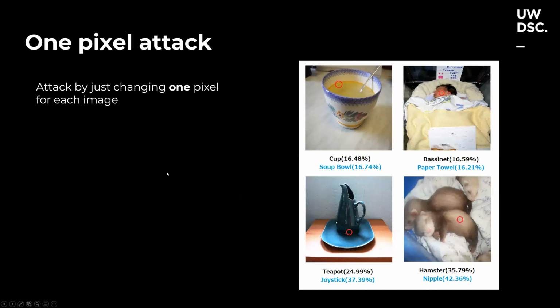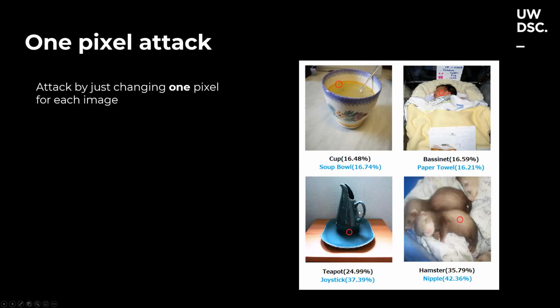So here are some other attack techniques. For previous attacking methods, we basically generate a totally different noise map for each image and apply it to the original image in order to facilitate a very successful attack. For this method, it only uses one pixel to attack successfully.